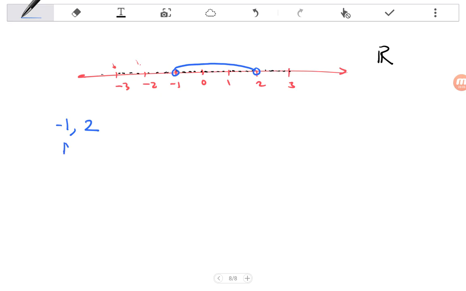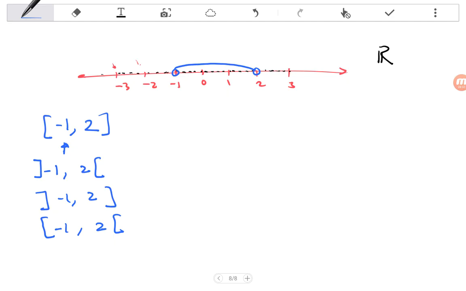In an interval, we always put the smaller number first. I don't write an interval as 2 and -1, no. That interval has 4 options. It might be like this, or like this, or like this, or like this.